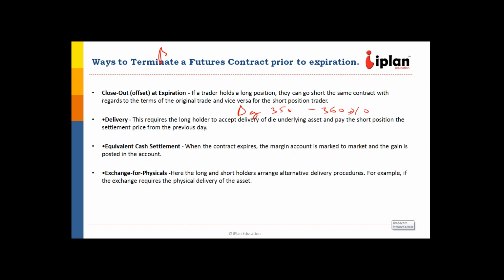Then we have equivalent cash settlement. What does it mean? When the contract expires, the margin account is marked to market and the gain is posted into your account. Let's suppose you have not closed your position. You have bought the contract and now it is in profit. If you sell it, you're closed.